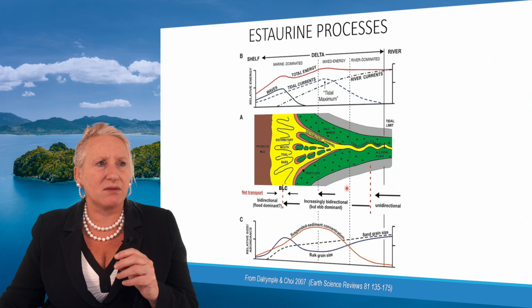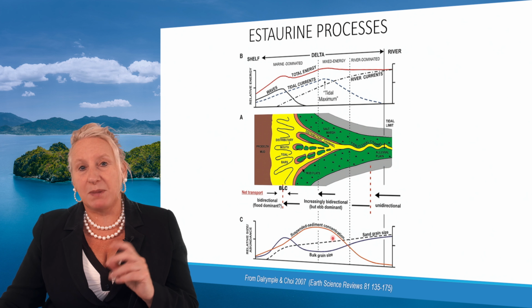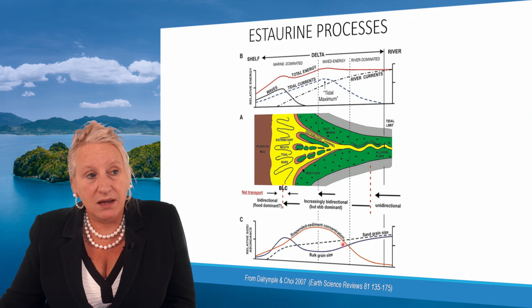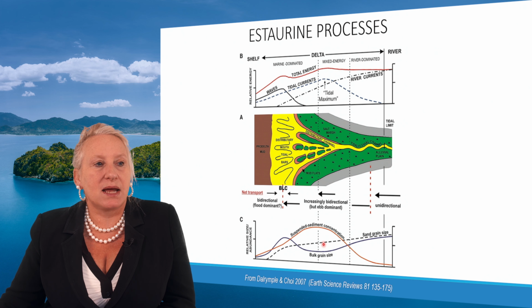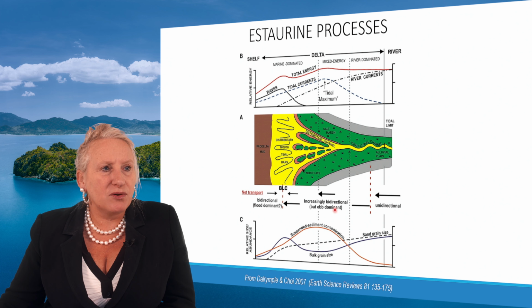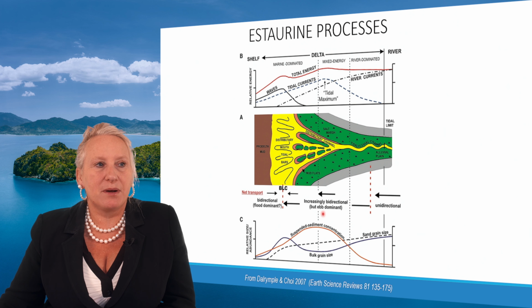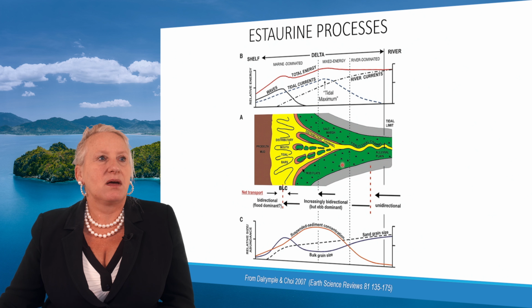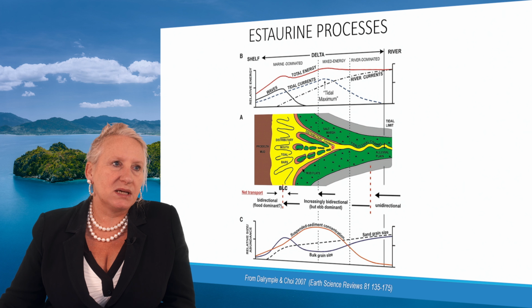And what we see here in this area is the suspended sediment concentration being high, the sand grains being low, and obviously the lowest point of the bulk grain size. So we have increasingly bidirectional, but ebb current dominance, towards the sea.